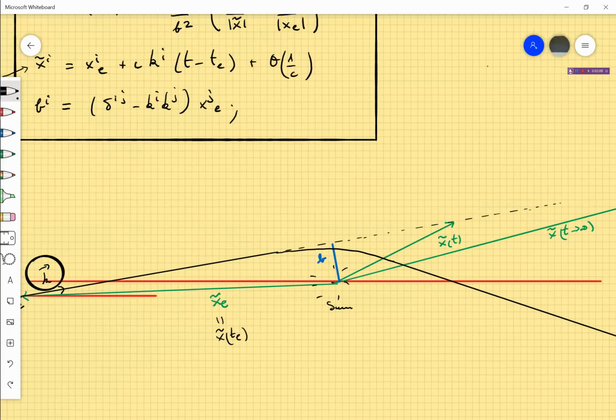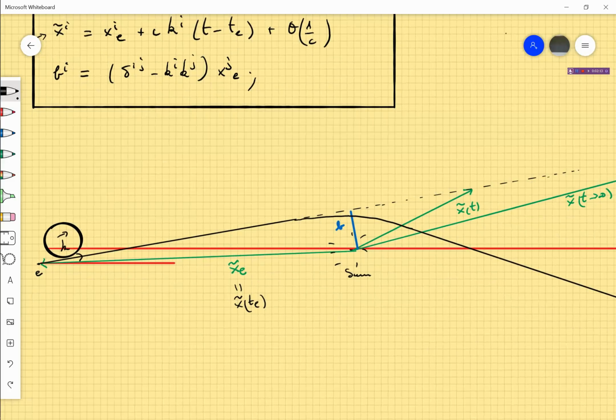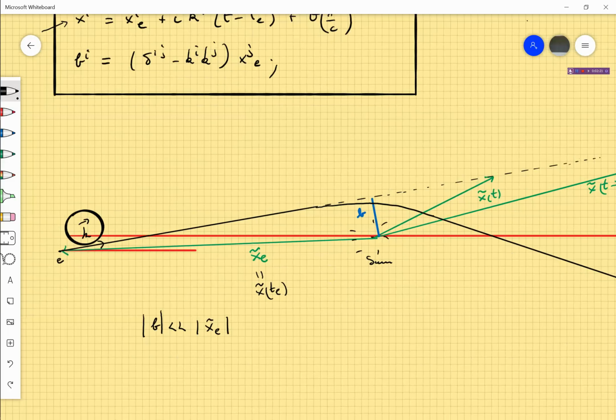Another approximation that we are going to take is that b is much smaller, in absolute value, than x tilde e. So the emission point is much further away than the impact parameter.